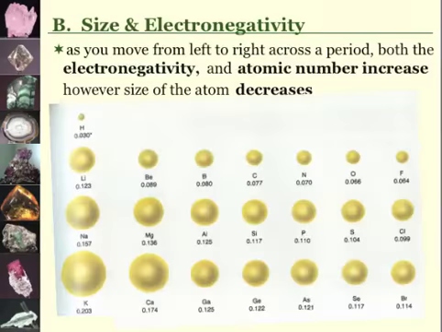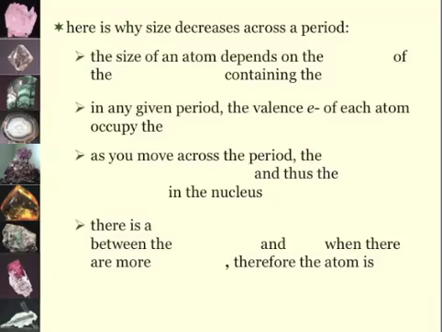So we've got this lovely picture here. The reason the size decreases is because the electronegativity is increasing, so the atom is able to hold its electrons a lot closer to the nucleus. So here's why size decreases across a period.